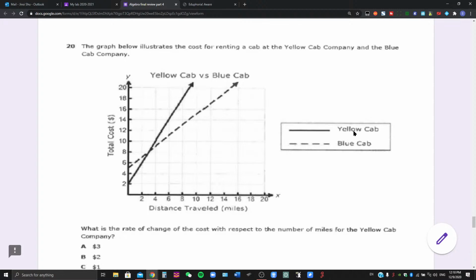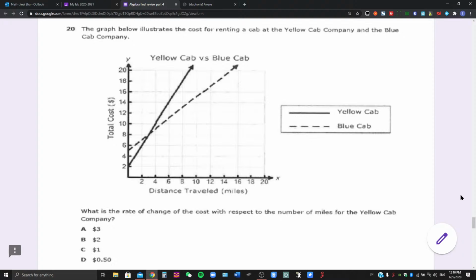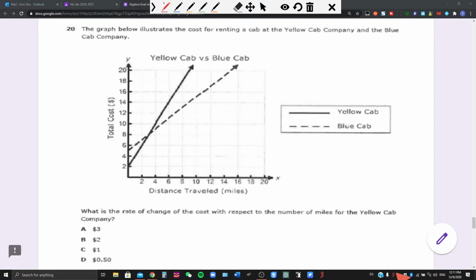Number 20. The graph below illustrates the cost for renting a cab at the yellow cab company and the blue cab company. Yellow and blue. What is the rate of change of the cost with respect to the number of miles for the yellow company? So this is the yellow, all right?